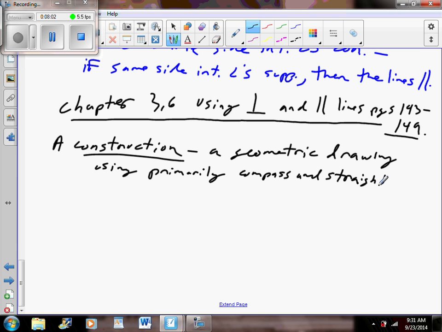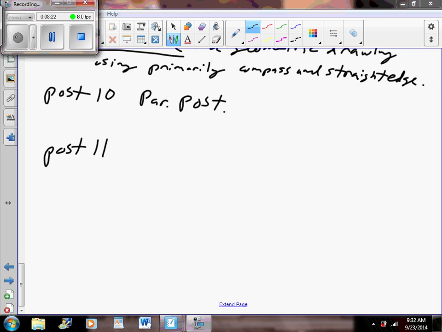There's other tools that you could use, but that's what we're doing in here. Straight edge, like a ruler, something like that, all right? So construction, a geometric drawing that uses a limited set of tools, usually a compass and a straight edge, a ruler without marks. The side of your book is straight enough and can be sufficient as far as that goes.